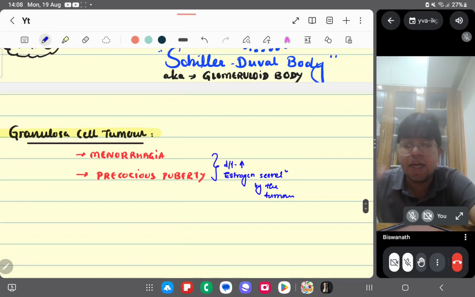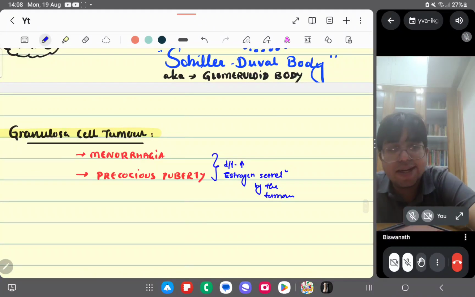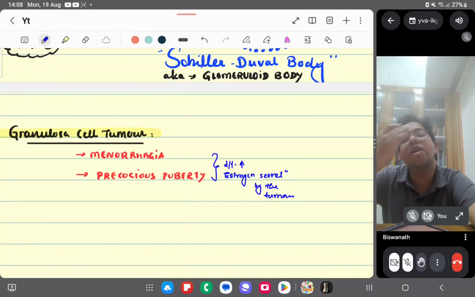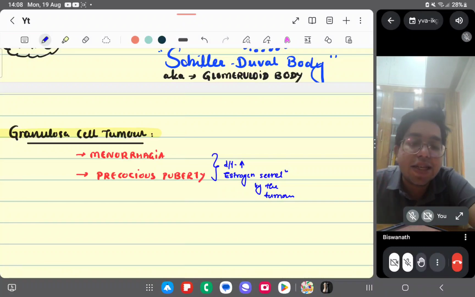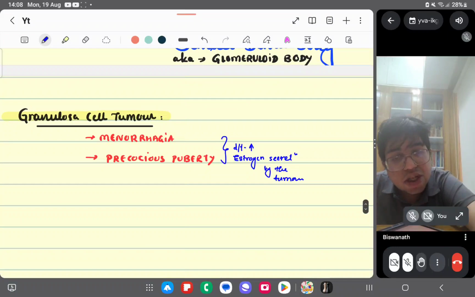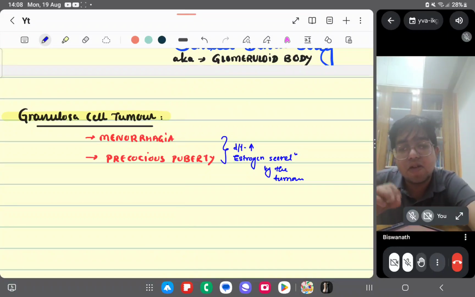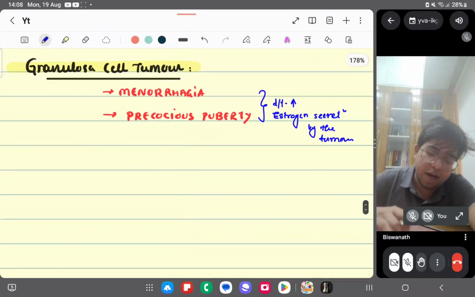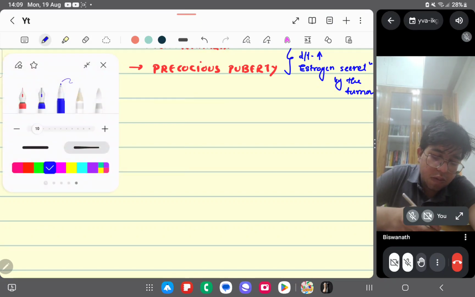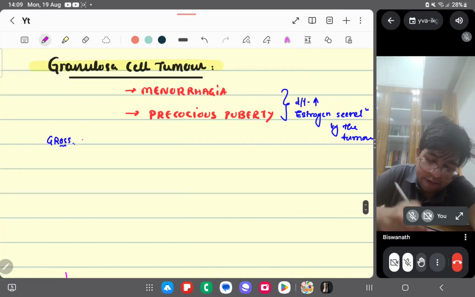Talking about the gross appearance, it is a unilateral tumor, and solid and cystic areas are present. Due to these steroidal hormones, due to this estrogen, there will be a yellowish appearance. So the yellowish color of the tumor is due to the secretion of these steroidal hormones, right? So in gross appearance, we'll see three things. The first thing is that it is unilateral.